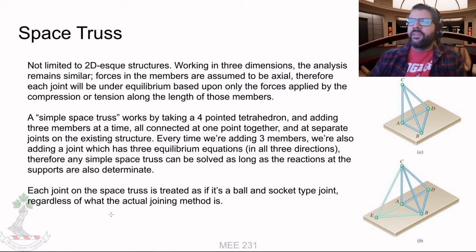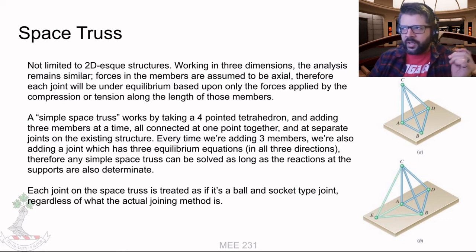So again, we're still basically adding up a number of equilibriums at a point. The point is in 3D space, and it will have forces acting upon it in all 3 directions. But it's still just an equilibrium condition.